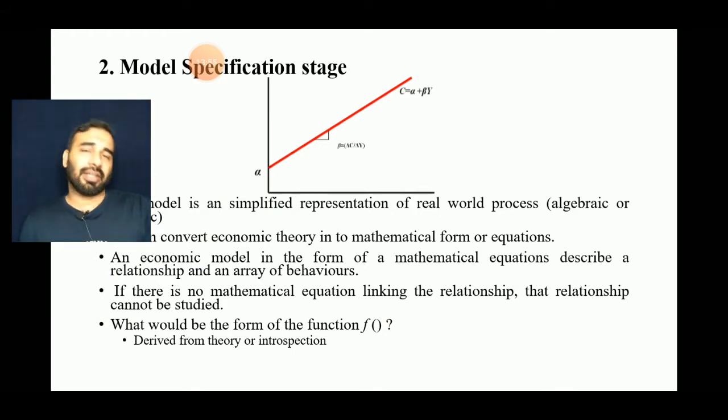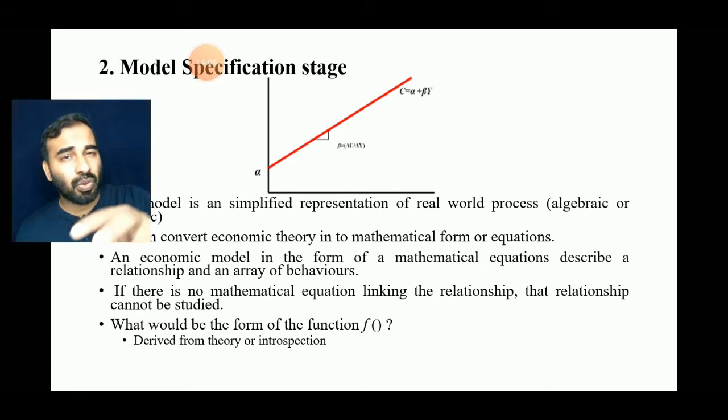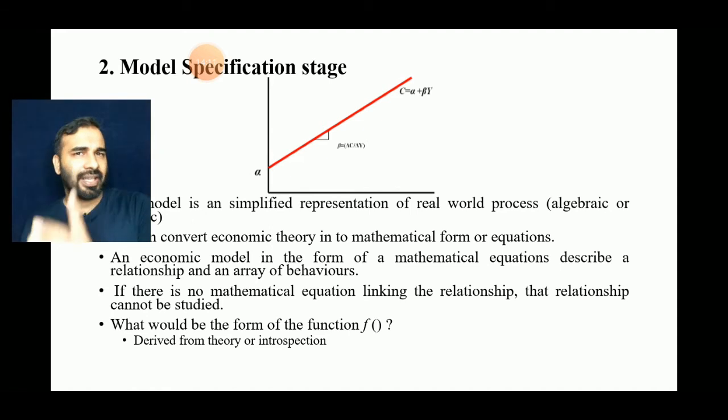Then an economic model in the form of an algebraic or mathematical equation helps us to describe relationships and a series of other behaviors associated with this relation. Let me take an example. As we know, the quantity demanded for a commodity depends on many factors.